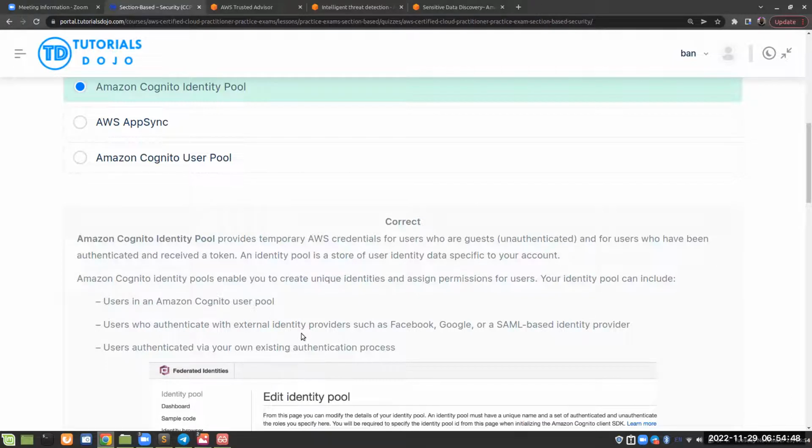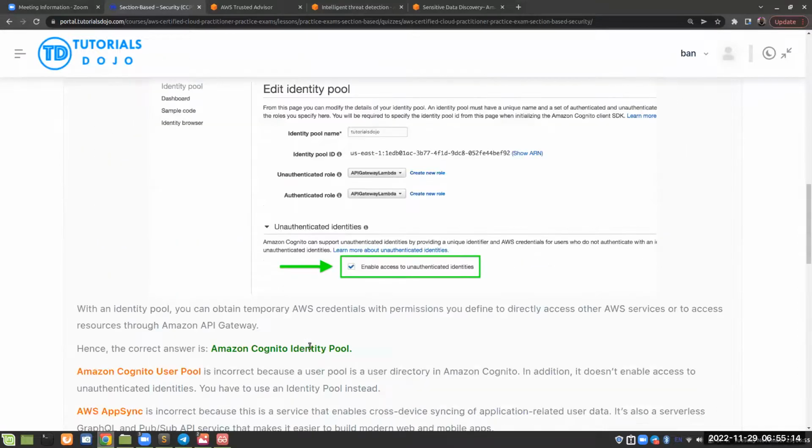But with pools, you create unique identities or assign permissions for your users. Your identity pool can include users in an Amazon Cognito user pool, users who authenticate with external providers like Facebook, and users authenticated through their existing authentication process.